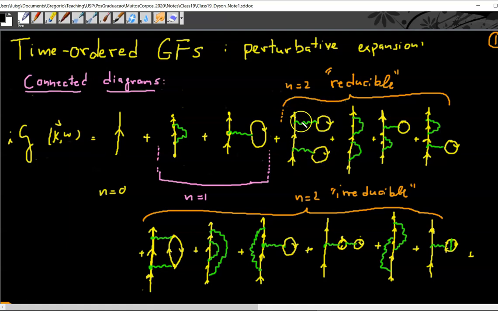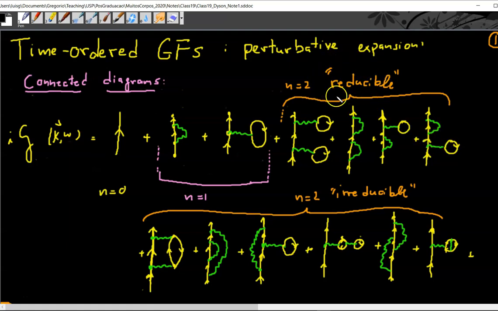But they differ from these others by one fact: since they're essentially two first order diagrams connected by a propagating line, it means that at some point I can cut one propagating line and divide these diagrams into two first order diagrams.